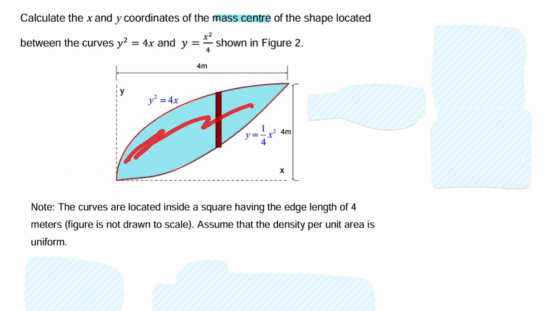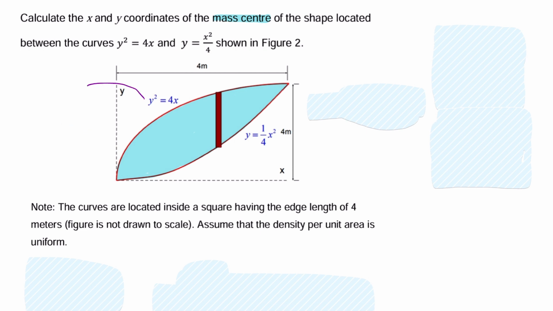So I've shaded the area here, and it's the area between this graph, y squared equals 4x, and y equals 1 over 4 x squared. So first of all, let's rewrite this in the form y equals.